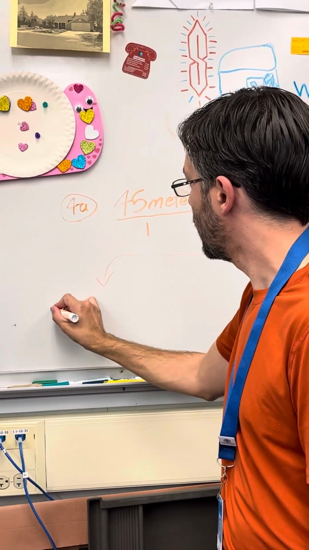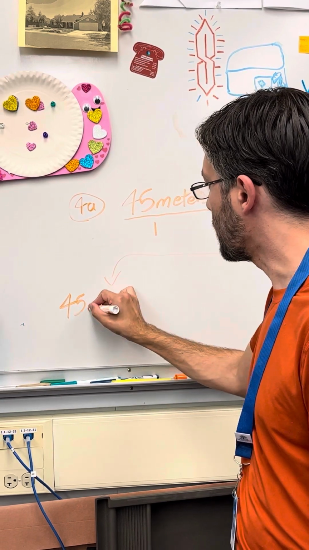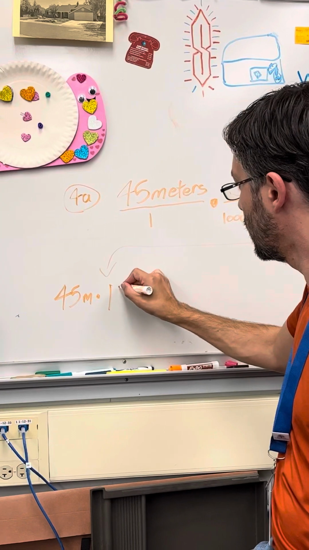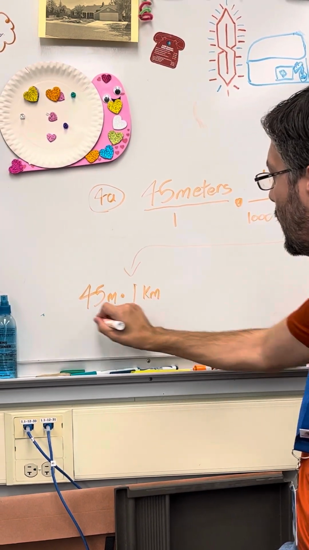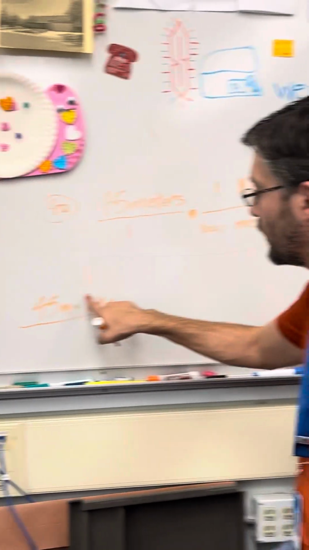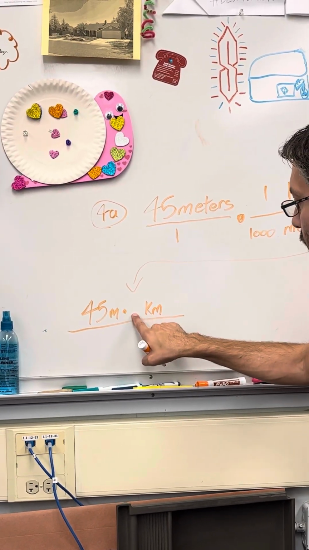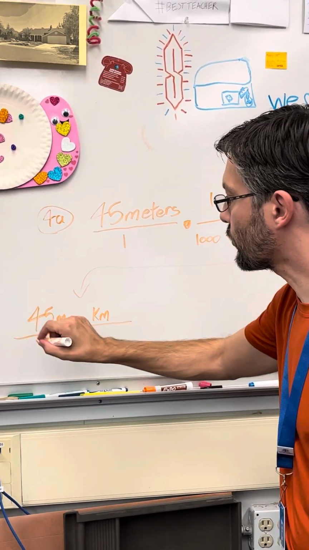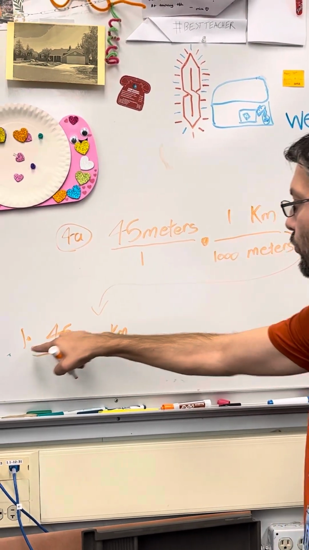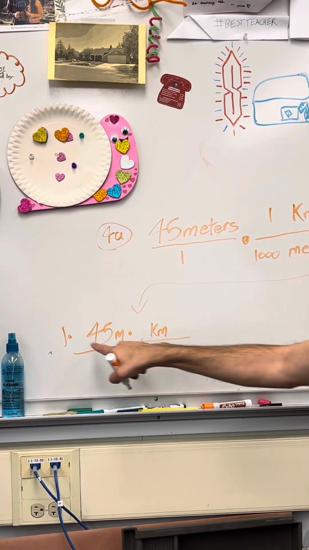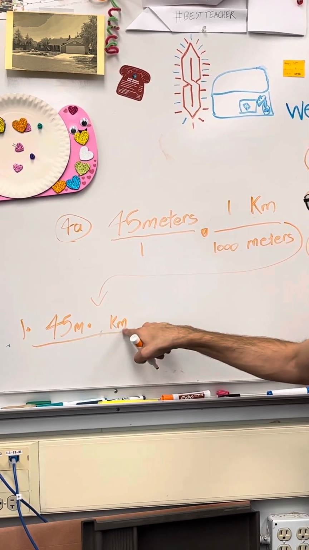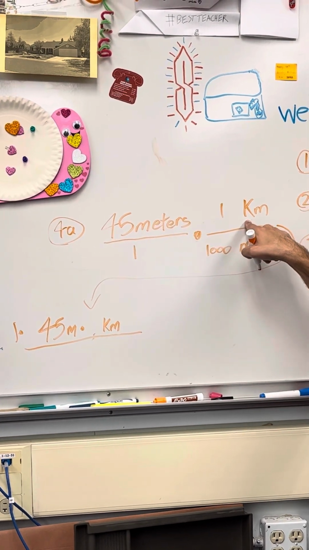We end up with 45 meters times 1 kilometer, all over. I want to change that a little bit because I would like you to understand the numbers go in front, so it's going to be 45 times 1. The numbers multiply together, and then we have the units. Meters times kilometers.